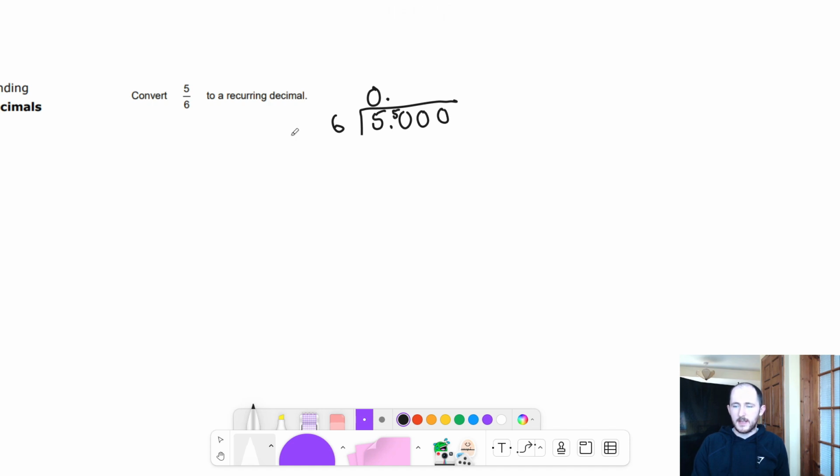Well, it's 5. 6 into 50, well, we can get all the way up to 48, so 6, 12, 18, 24, so that's 0.8. And like I said, that gives us up to 48, so that's the remainder 2. And then again, 6 into 20, that's going to be 3, remainder 2. And again, that's going to be 3. And as you can see, it's going to recur. So as a recurring decimal, which is 0.83 recurring.